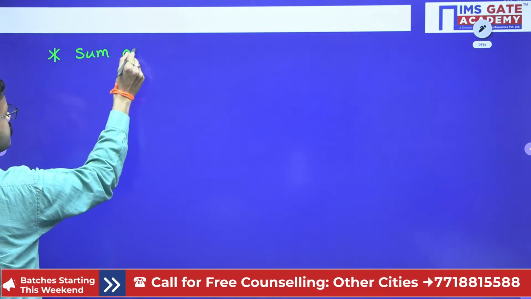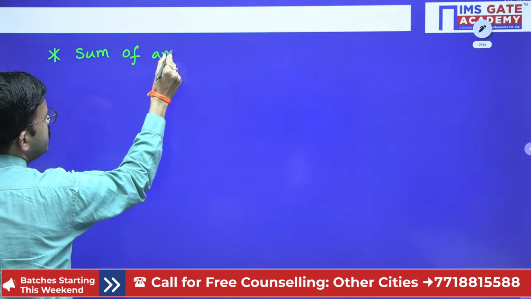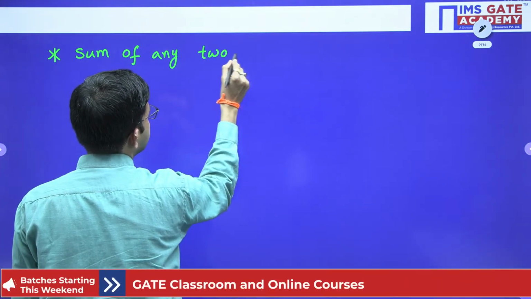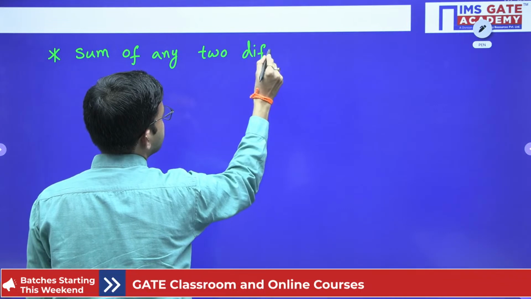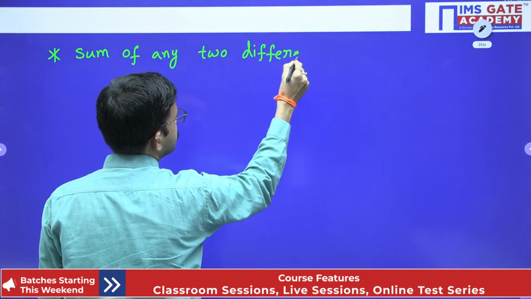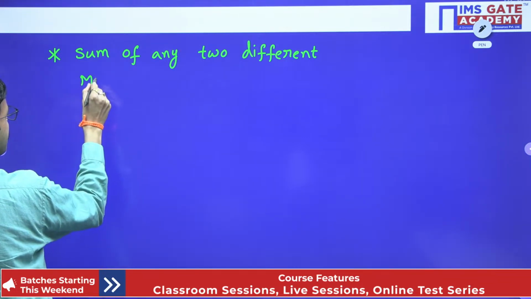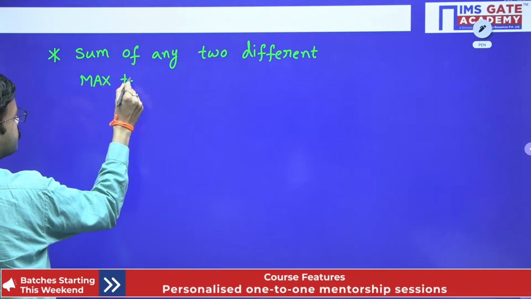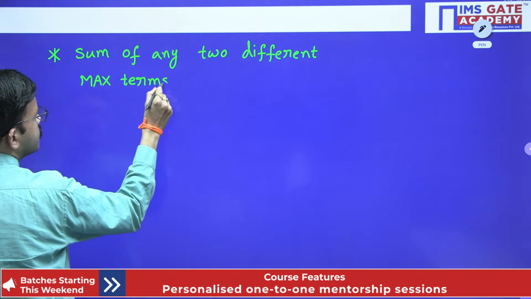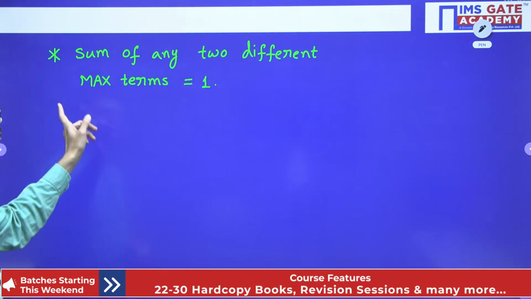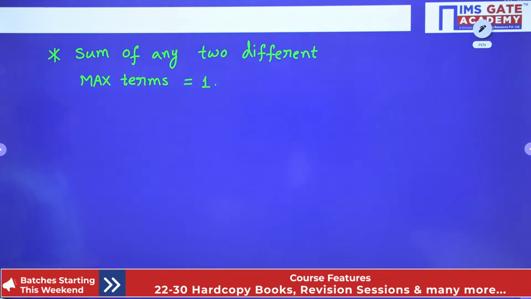Sum of any two different max terms is equal to 1. Sum of any two different max terms is equal to 1.